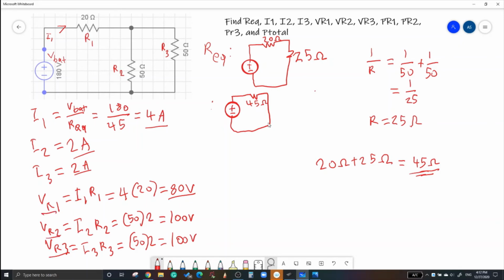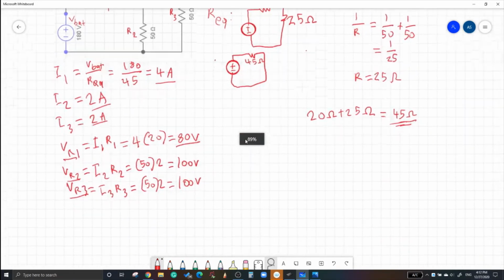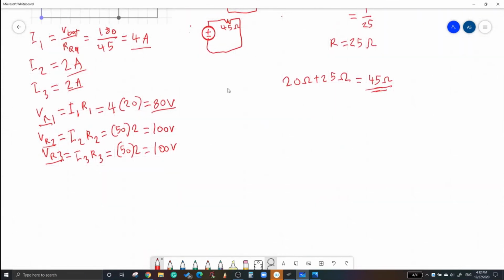Now we'll find PR1, PR2, PR3, and P total. To find PR1, we need to do I1 times voltage VR1.